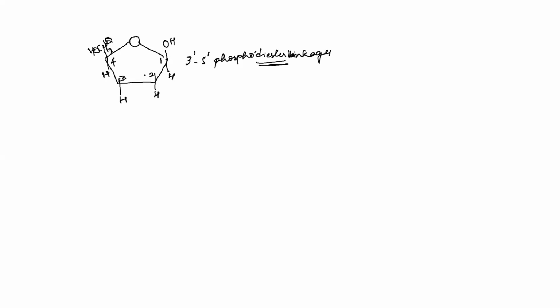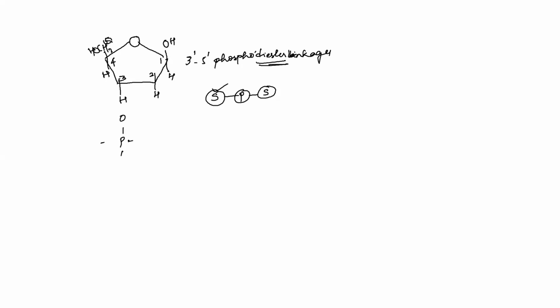That is, a sugar bonds to a phosphate, then to the next sugar. It will be like this. On one side, the sugar is attached to the phosphate. If you see this, from here it is connected to the phosphate.